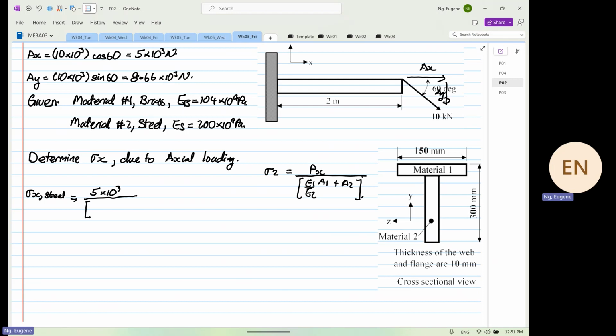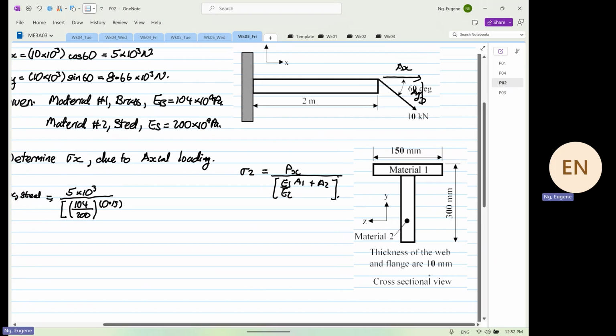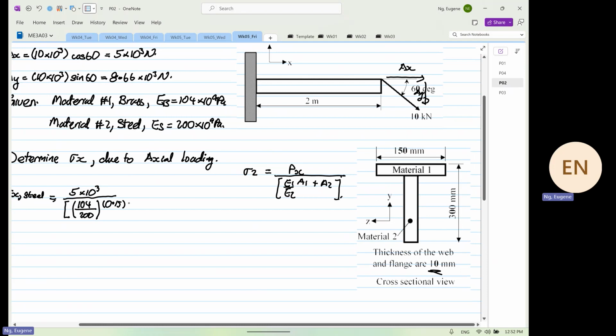E1 over here represent our what? Our brass. So it's equal to 104 divided by 200. I get rid of the times 10 to the power 9, okay, because they cancel out. A1, okay, so the width of A1 is 0.15. And then the depth, the thickness of the flange and the web is 10 millimeters, 0.01.